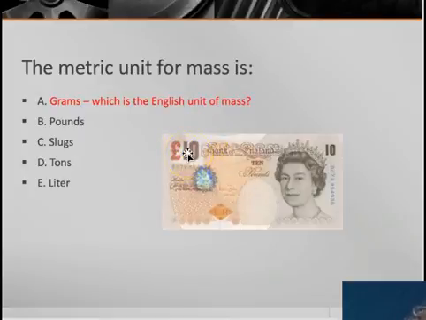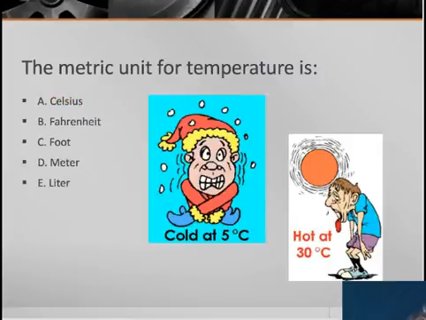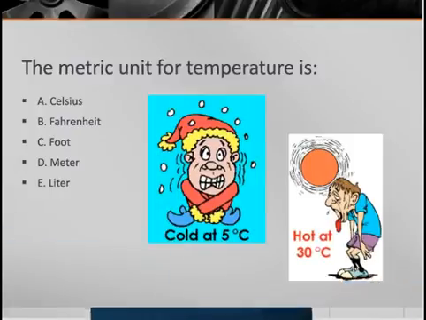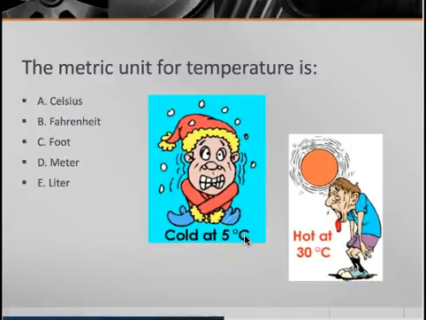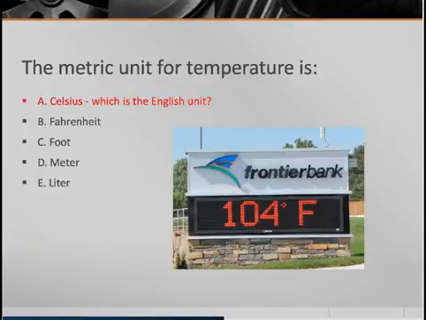Here is the pound. It's the British pound note, to be exact. The metric unit for temperature, you can see right on the slide here, degrees Celsius. In the English unit, of course, we use Fahrenheit.